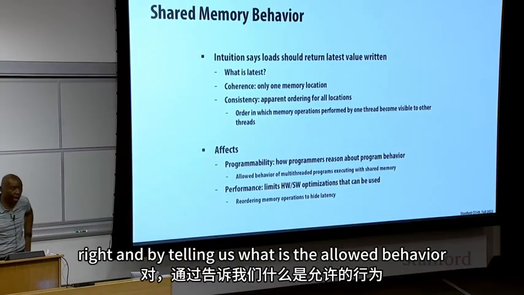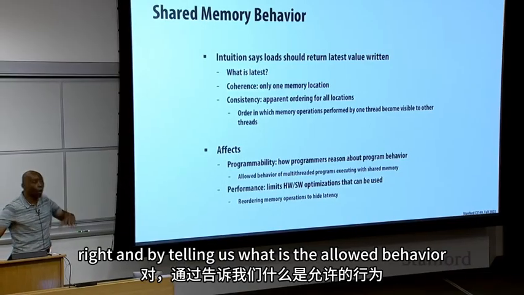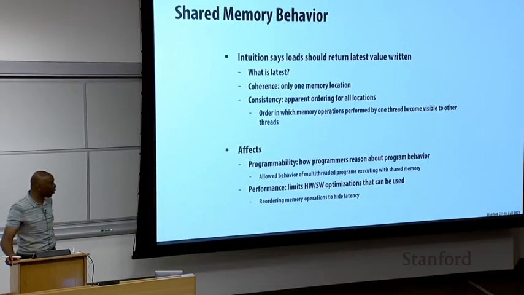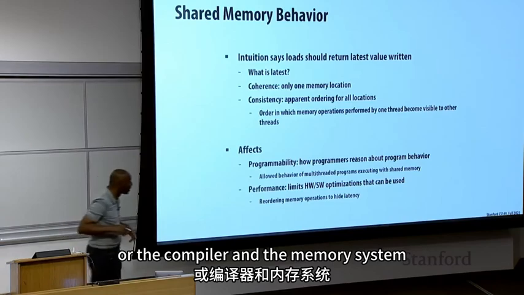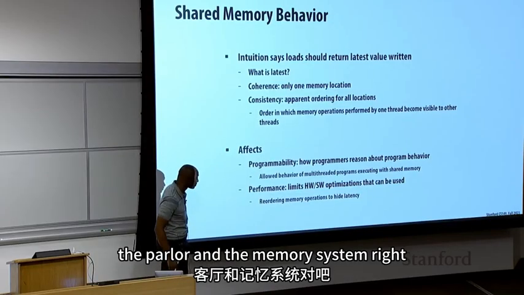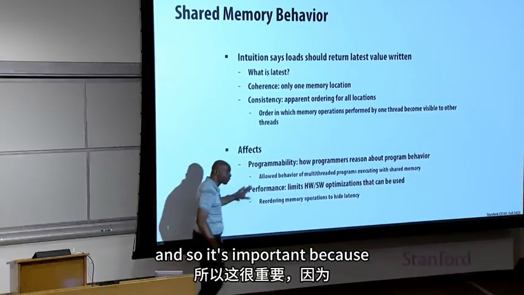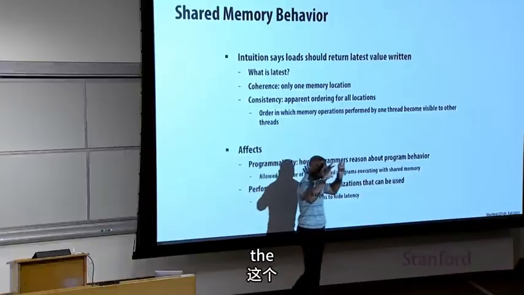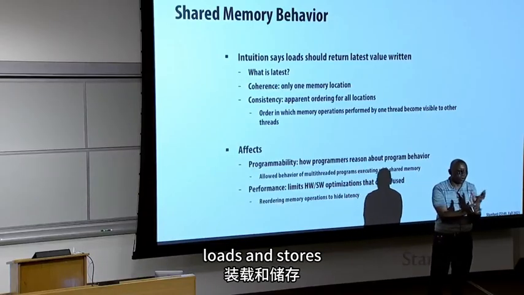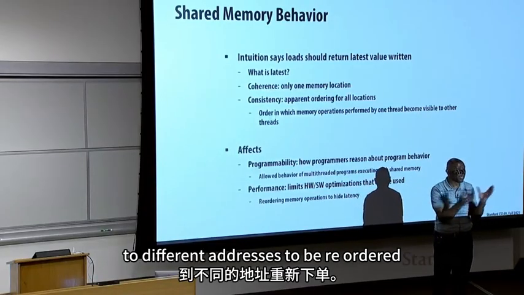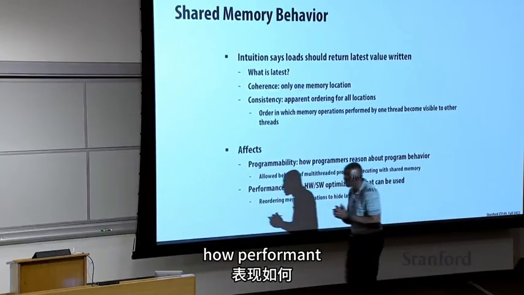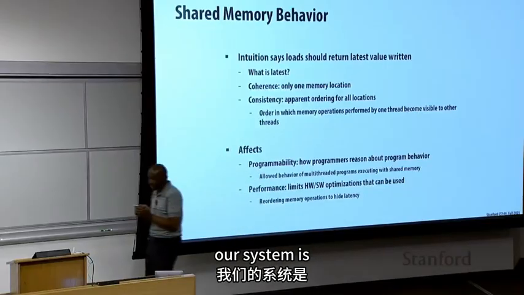It tells us the allowed behavior of the compiler and the memory system. It's important because the way in which you allow loads and stores to different addresses to be reordered has a big impact on how performant our system is.